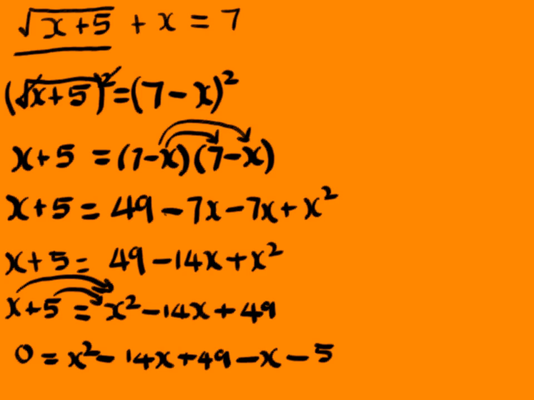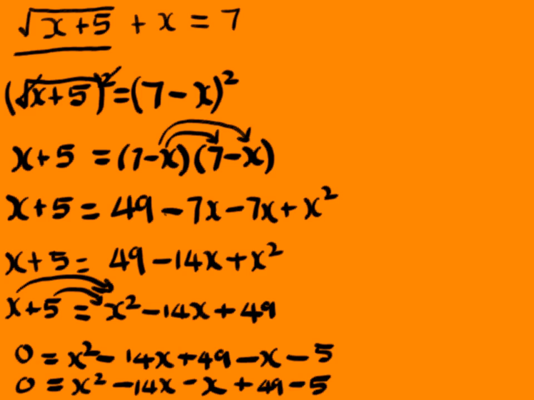Now we attempt to collect like terms. So we have x squared, minus 14x minus x, plus 49 minus 5. So we have been able to collect like terms.